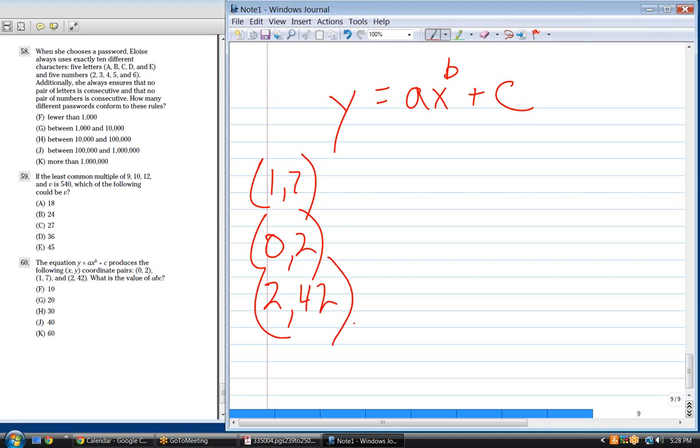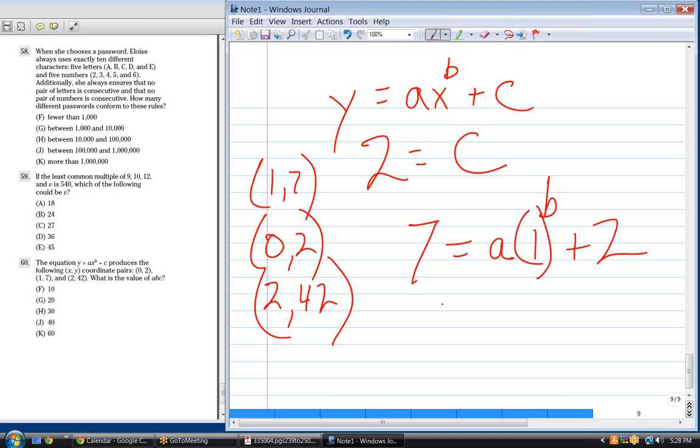Oh yeah, because you can replace the 2 with the Y. You could find out C: 2 is equal to C. Now we know that 7 is equal to A times 1 to the B plus 2, and we also know that 42 equals A times 2 to the B plus 2.